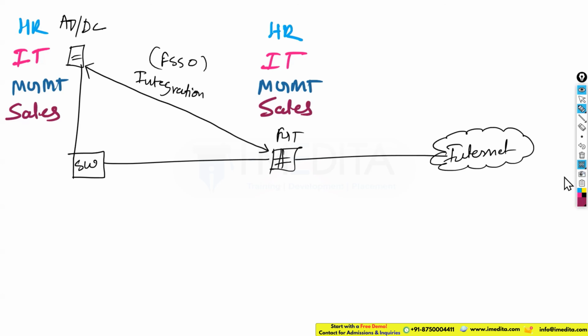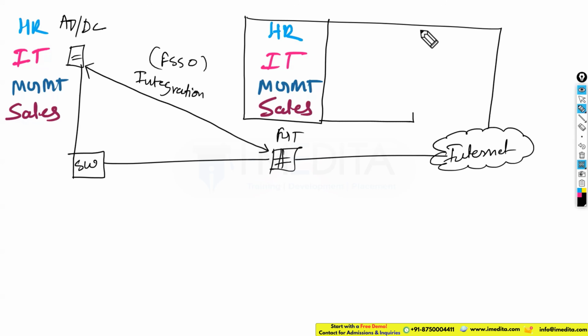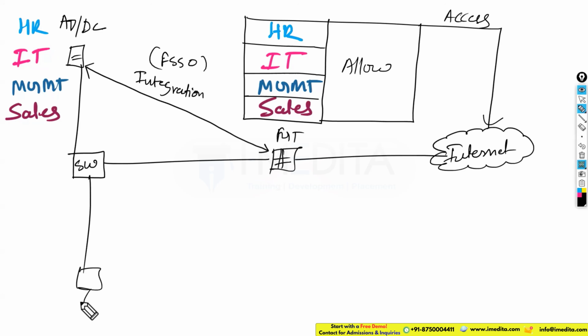Now on FortiGate, we will define a policy where these sources are allowed to access the internet. When a user belongs to these groups, they are allowed to access the internet. Now we have a PC. If any HR member joins the domain, AD will tell FortiGate.